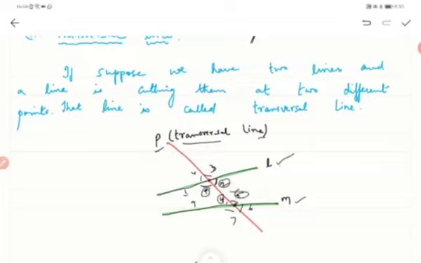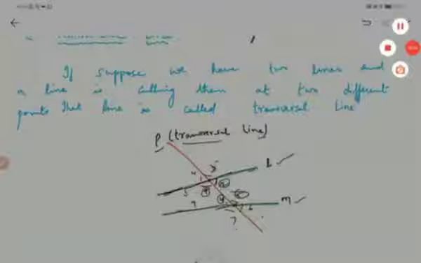Interior means अंदर के angles. Exterior angles are 4 3 7 6. They are outside, not inside the two lines. They are called exterior angles, मतलब बाहर के angles. So remember these things, and we will move further and study about it now.